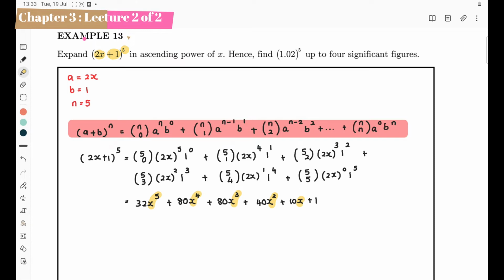So now the correct answer will be 1 plus 10x plus 40x squared plus 80x cubed, plus 80x to the power 4 plus 32x to the power 5.